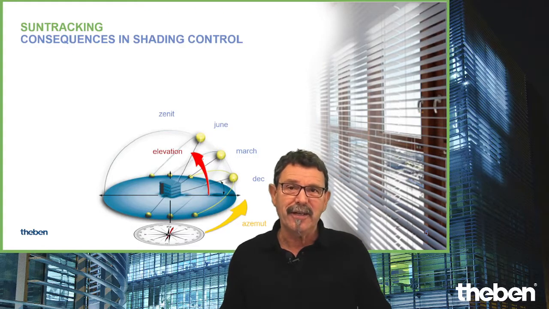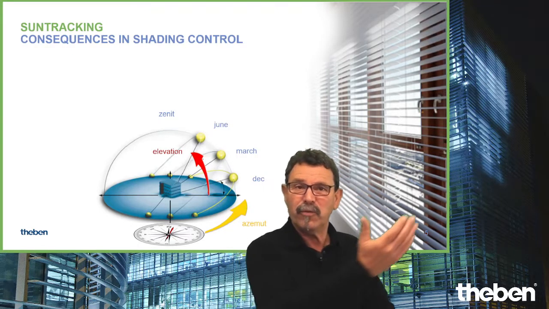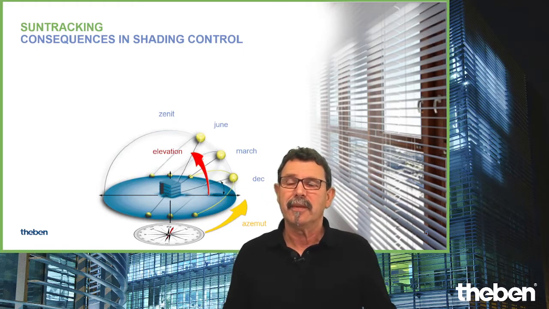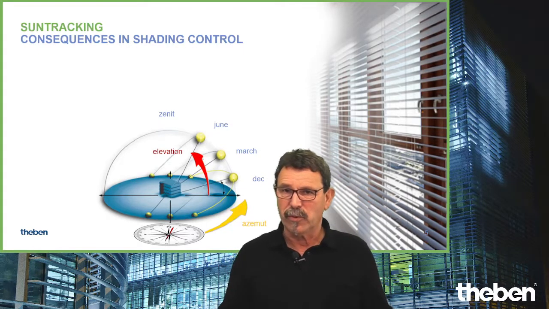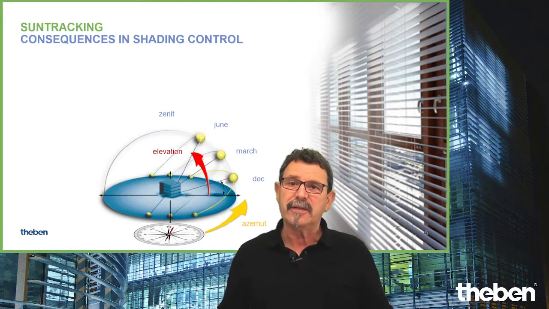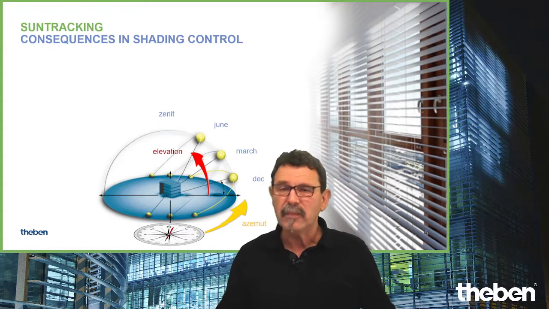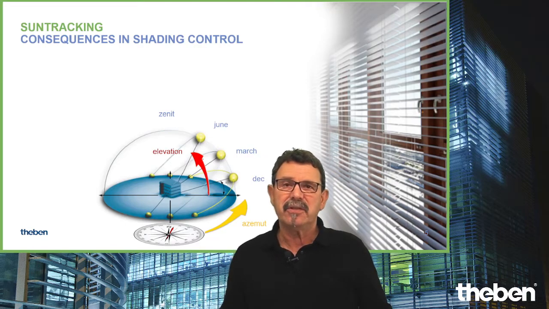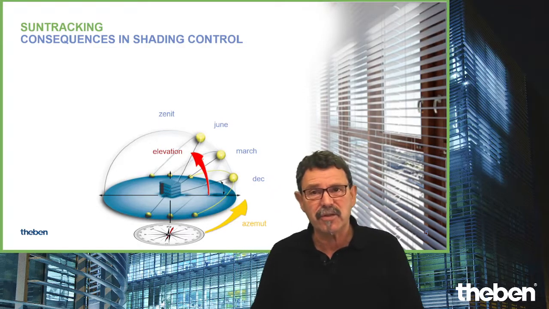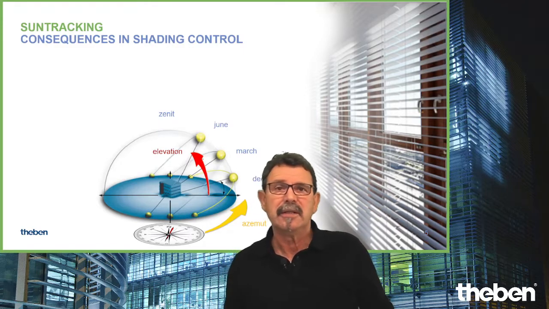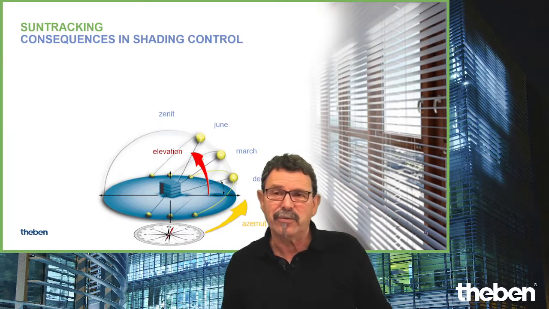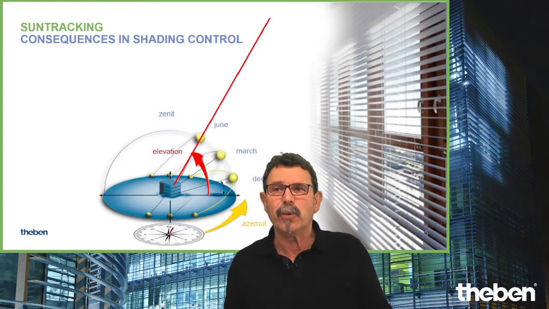You get the maximum of natural daylight in the room, but you also get the maximum of sun protection to avoid any kind of dazzle, and to avoid that the room inside is heating up too much, and if so, you need air conditioning to work against it. If you have a smart solution, the sun control with sun tracking is assisting you, helping you.